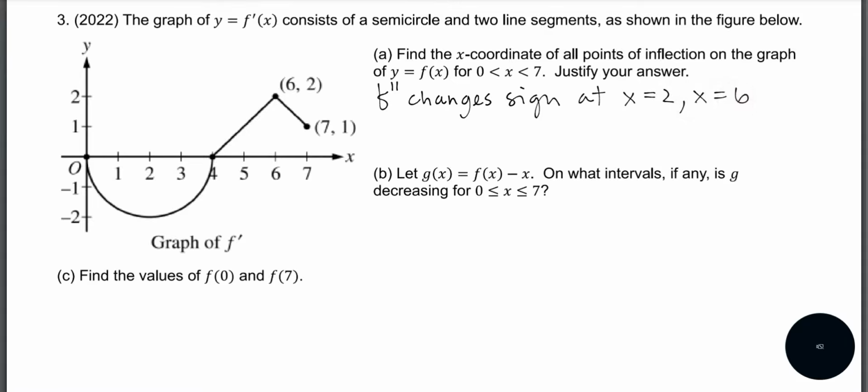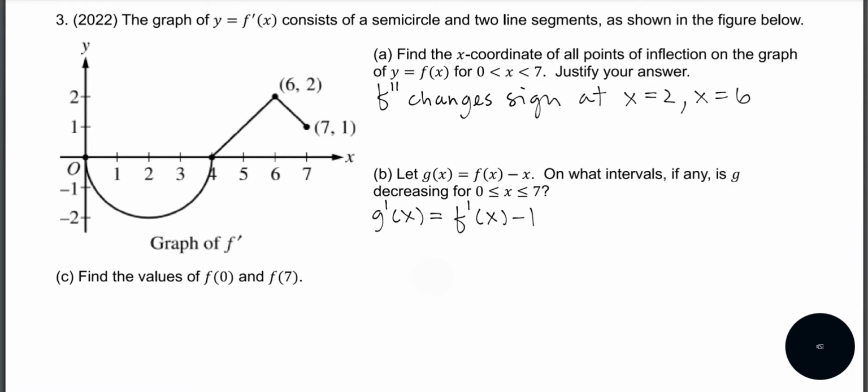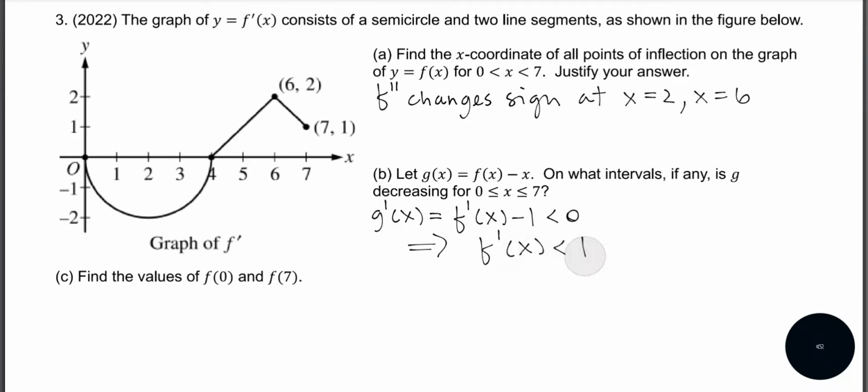Okay, then let g be f of x minus x. On what intervals, if any, is g decreasing? Okay, well, g prime of x, which I know is f prime of x minus 1. Okay, and if I want decreasing, I want that first derivative to be less than 0. And then I will say, all right, well, that's like saying f prime of x is less than 1.